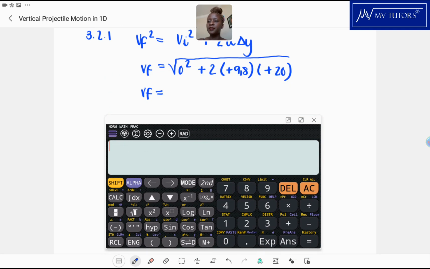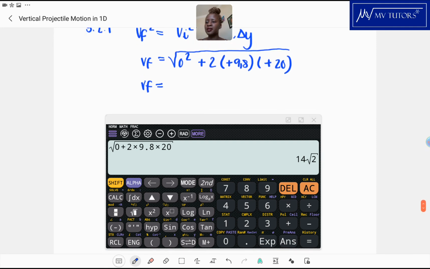Okay, so under the square root I have 0 plus 2 times 9,8 times 20. All right, why is it giving me values like that?